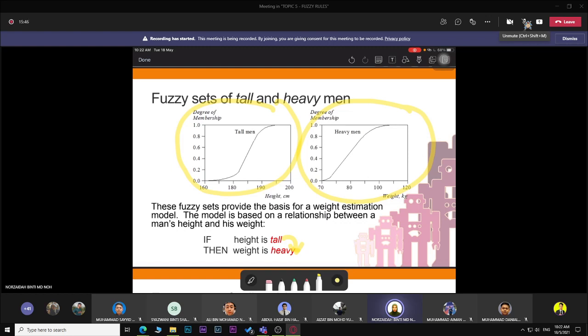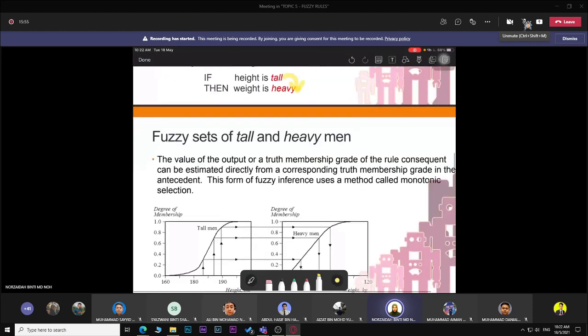So the concept is we have to find the relationship between height and weight. For example, below, here is the example.